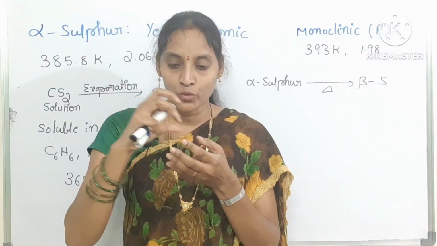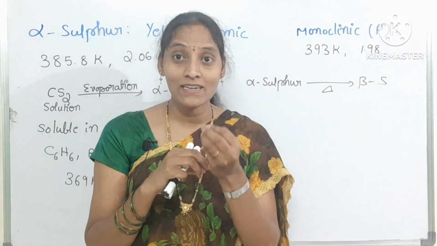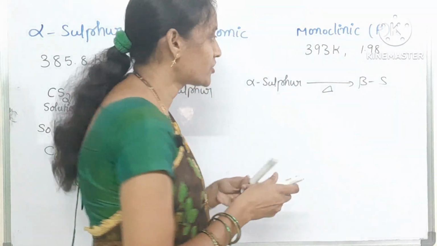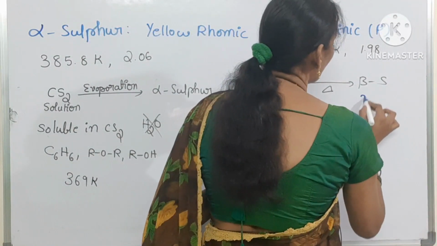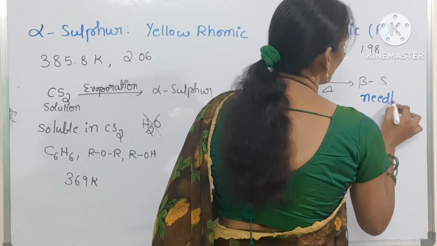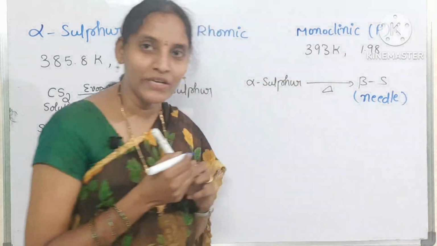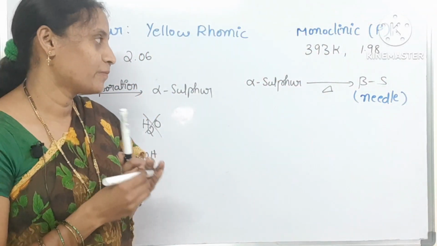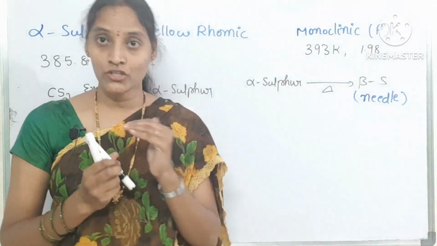Then after removing the crust, you will get needle shaped beta sulfur. Yes, this is about the formation of beta sulfur.